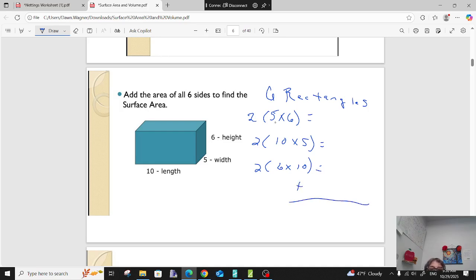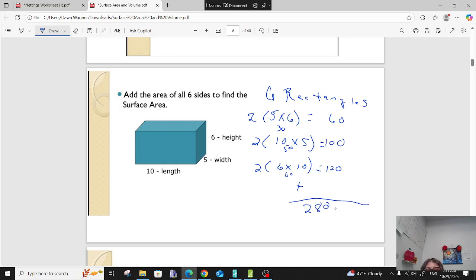What's 5 times 6? 30 times 2? 60. 50, right? Times 2? 100. 60 times 2, 120. Now you add it all together. So this would be 280.